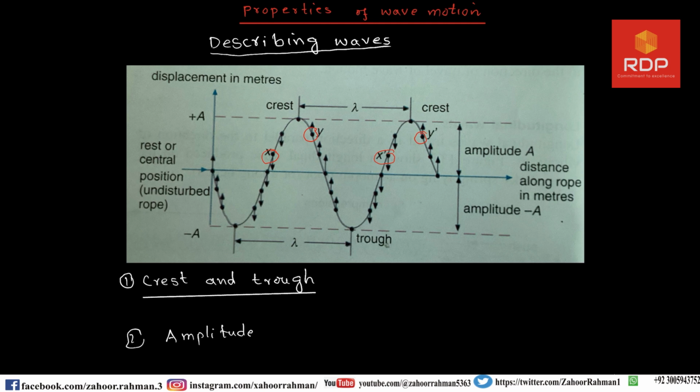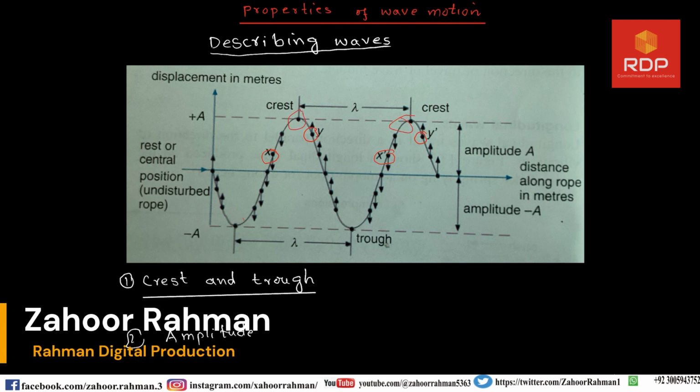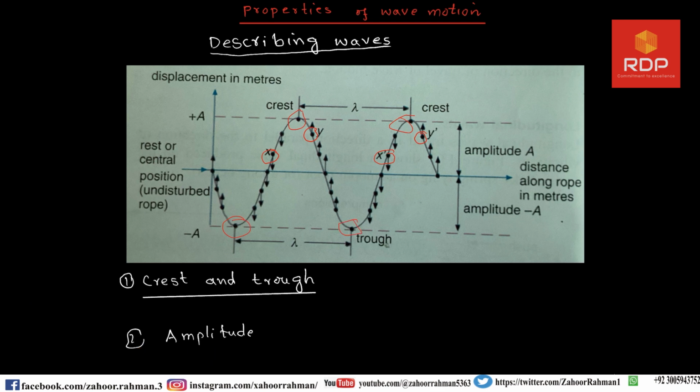Any two crests or troughs are in phase, because this and this, or this and this, are in phase.